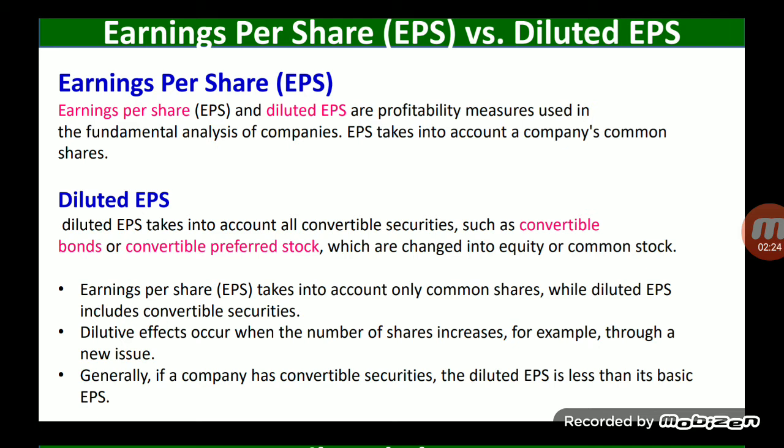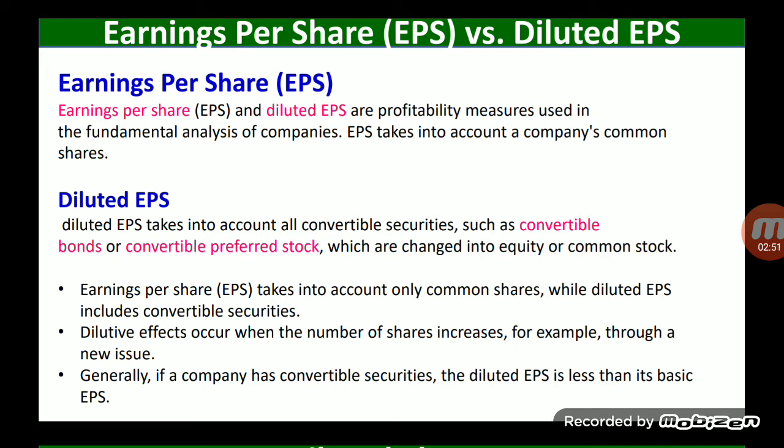Dilutive effect occurs when the number of shares increases, for example, through a new issue. If a company issues new shares in addition to already existing shares, then the dilutive effect happens. Generally, if a company has convertible securities, the diluted EPS is less than its basic EPS.